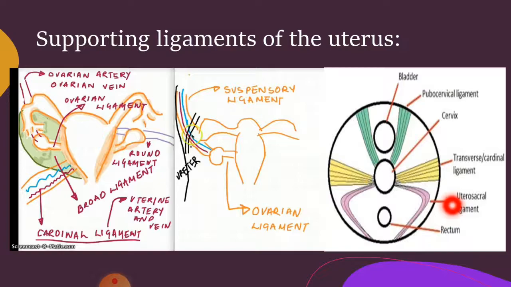The uterosacral ligament originates from the posterior walls of the cervix and the vagina, as you can see here, and they are extending backwards, one on each side of the rectum to the sacrum.